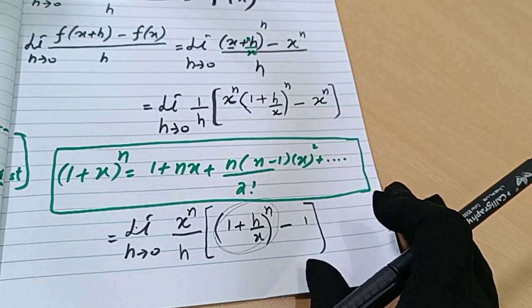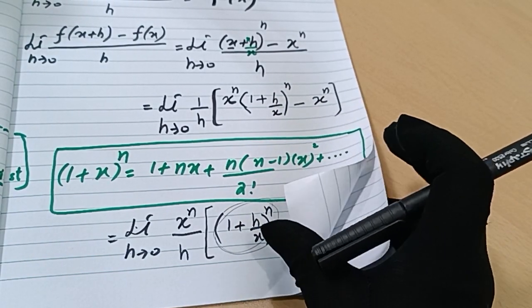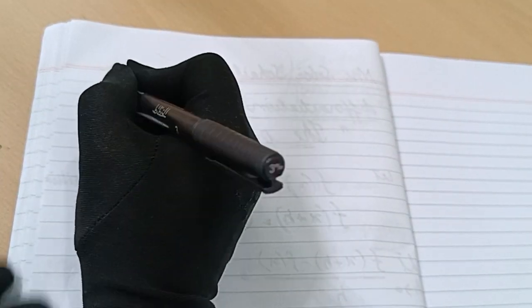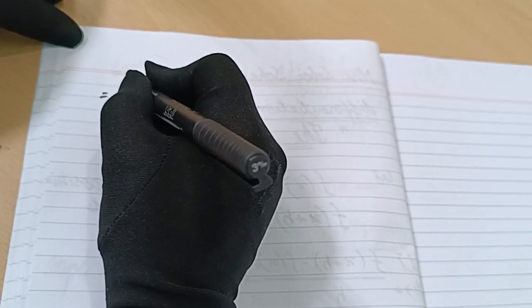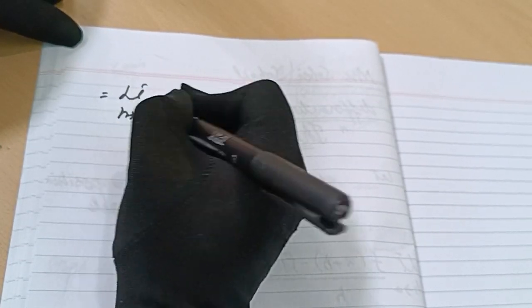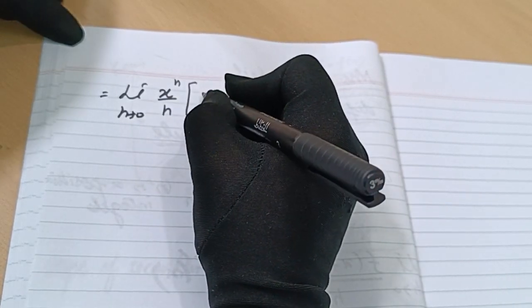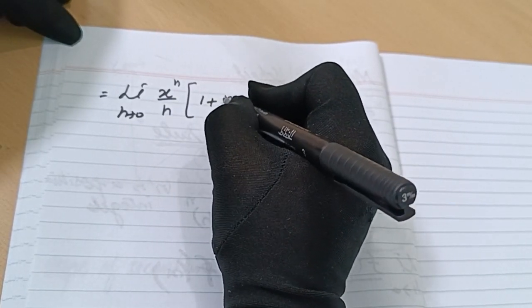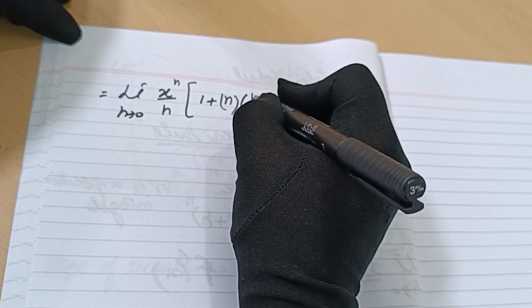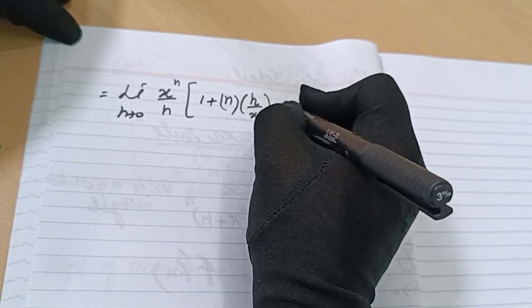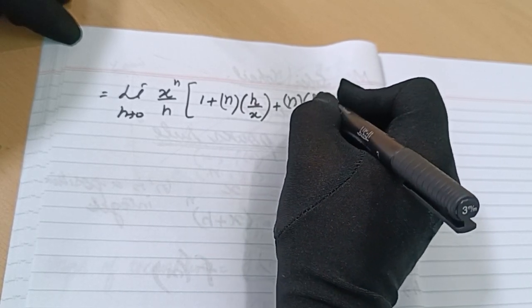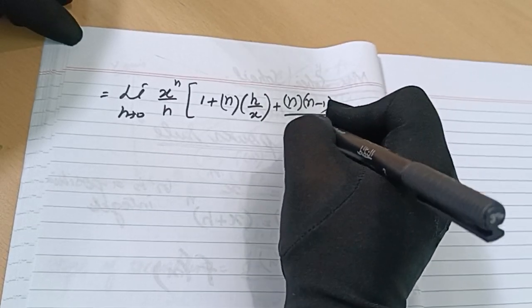According to this, it takes the form: limit h approaches to 0, x power n over h, first term plus n times first term h over x, plus first term n into n minus 1 over 2 factorial.